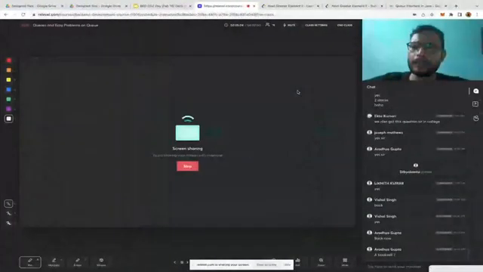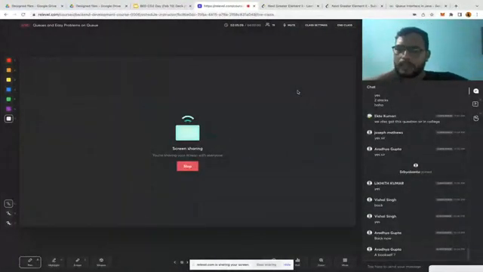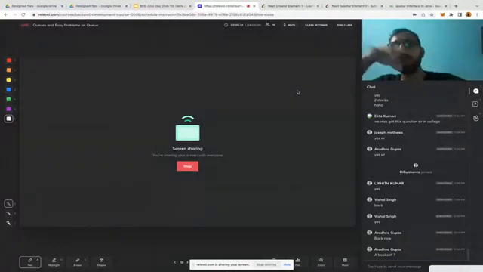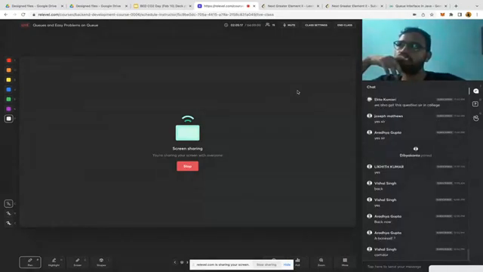Any real-life example, did you guys think of any? Arad is saying bookshelf. If we are keeping our books in a queue, yeah, I think it's a little bit relatable, but in a bookshelf we can actually put a book in the middle also.